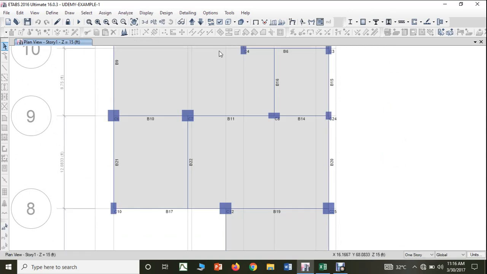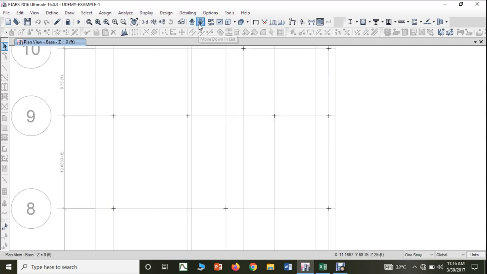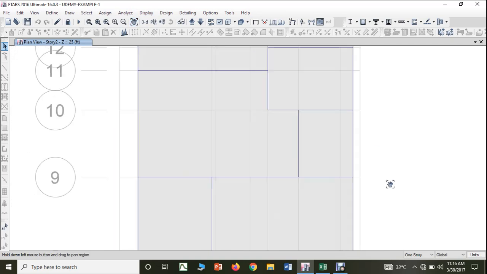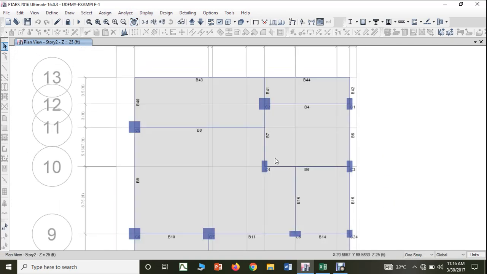Where is beam 26, 27, 30? I think it is in the top floor. I can go to the top floor, then only it is available. So your 26, 27, 30 will be available in the top floor, and the same here.